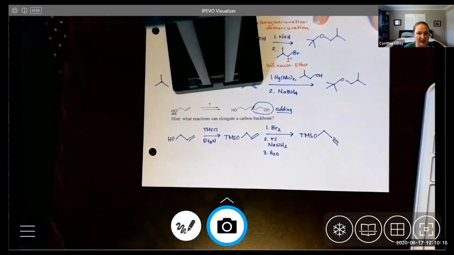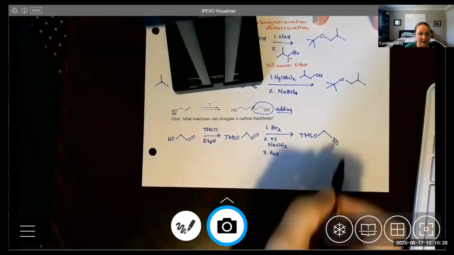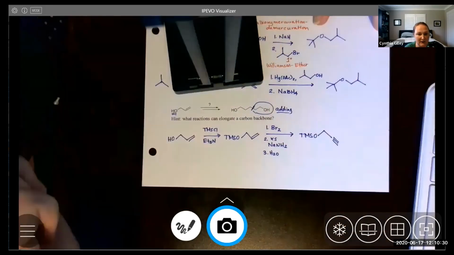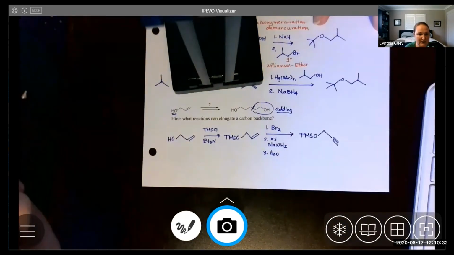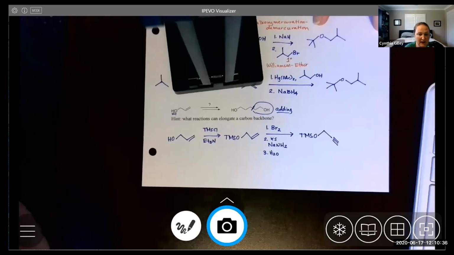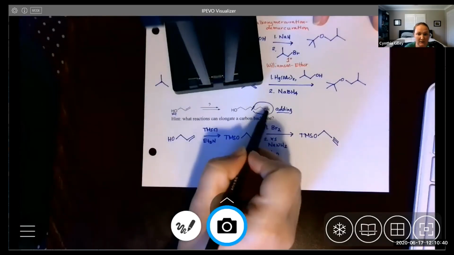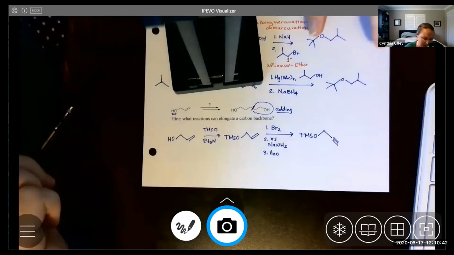Notice how I didn't bend the triple bond. It's linear, so draw it that way. Okay, so from here, now that I have a terminal alkyne, I can do an alkylation. I can add in 2 more carbons. And the easiest way, because I also need this alcohol, is to actually use an epoxide.